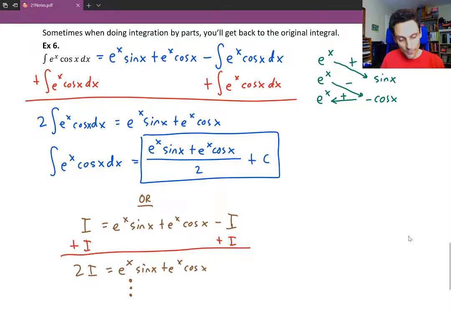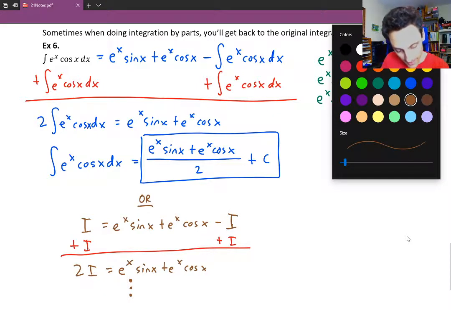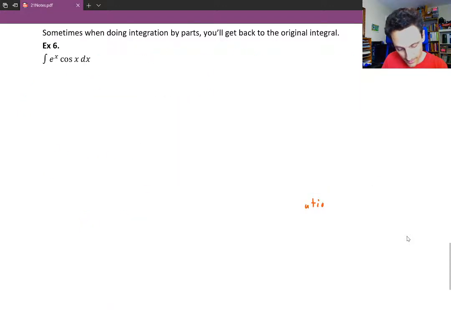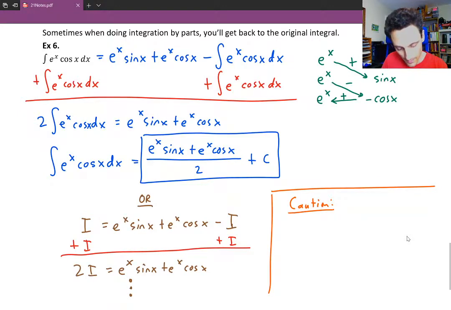So one last thing I wanted to mention is a note of caution. A really common mistake that I often see is when people are just learning how to integrate.